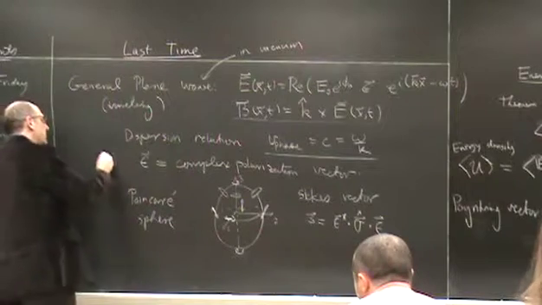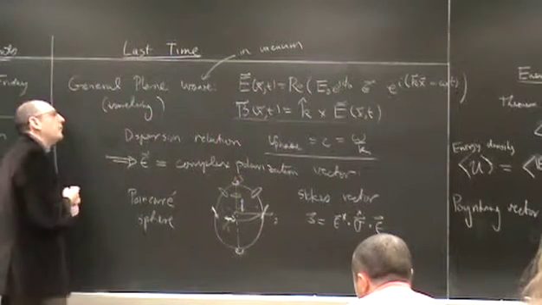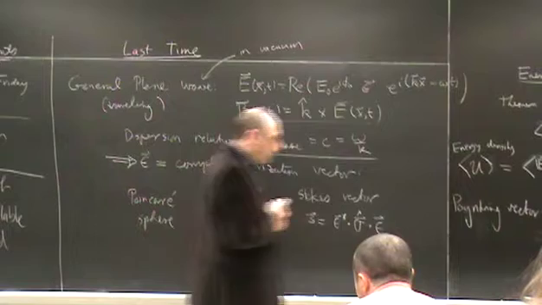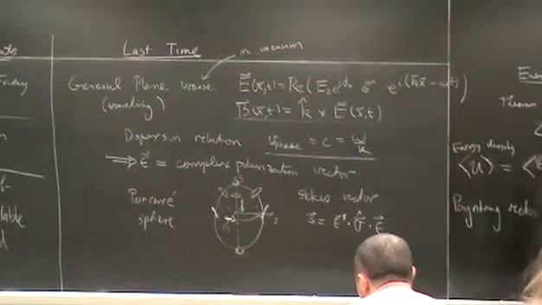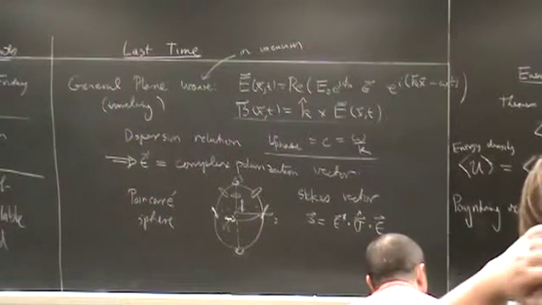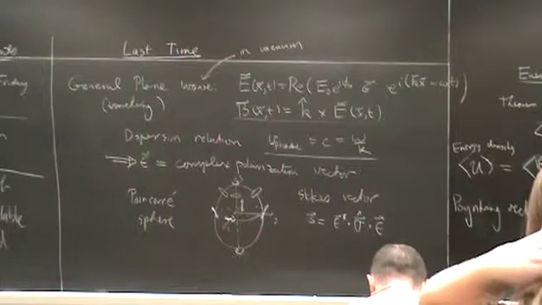One of the things we talked about last time was that the polarization vector of a plane wave, in general, we represent by a complex vector.